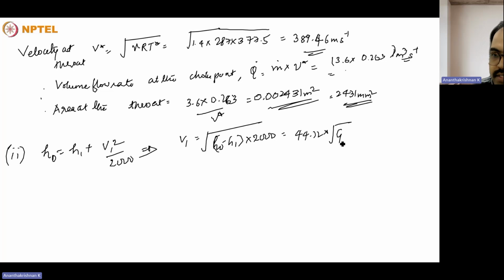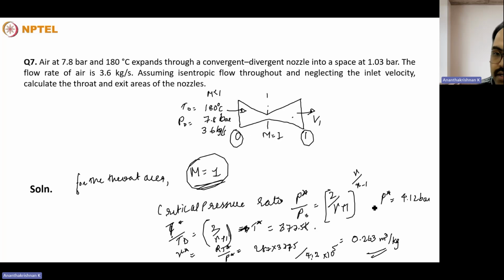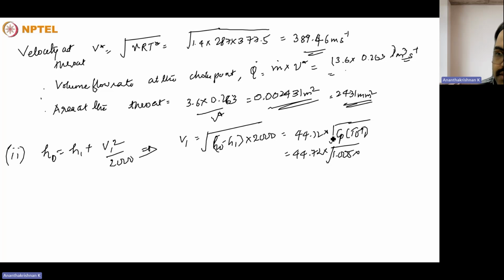Since this is air, it could be written as Cp into T0 minus T1. So this is equal to 44.72 into root of 1.005 into T0. T0 we know is equal to 180 degrees Celsius, that is 453 Kelvin, minus T1. We need to calculate the value of T1.